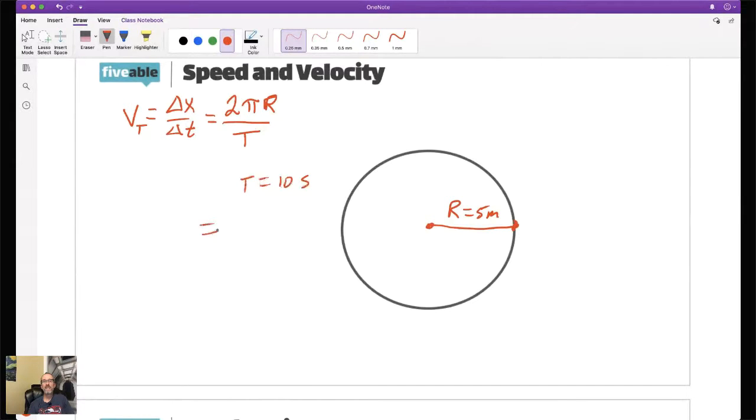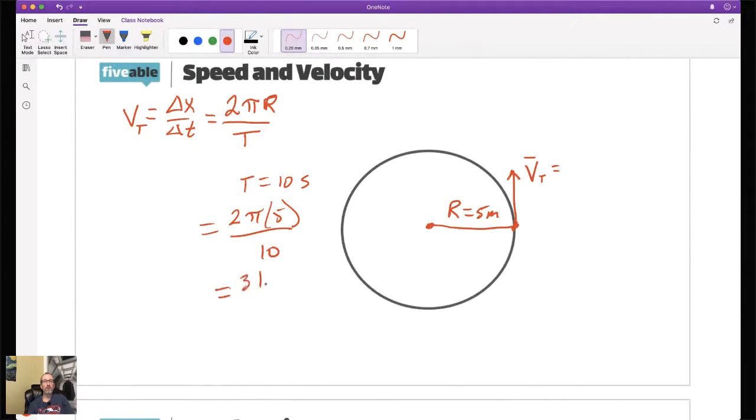If I want to know the tangential velocity, but before we do that, let's do this. That is the tangential velocity. It would look like a vector like this. So this would be the tangential velocity. We want to know what it is, so we're going to take 2 times pi, and then we're going to take that times 5. 5 times 2 is 10, times pi would be 31.4, and we're going to divide that by 10. So if you look, I kind of made the math easy.